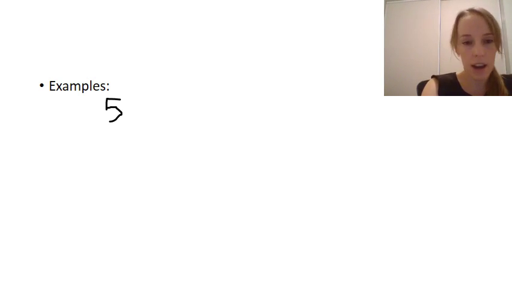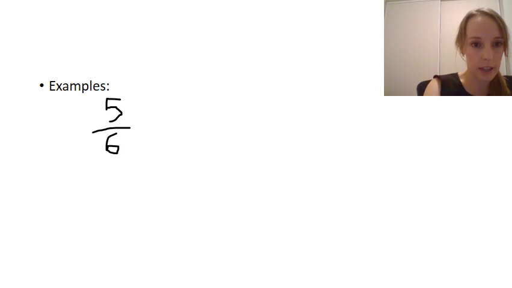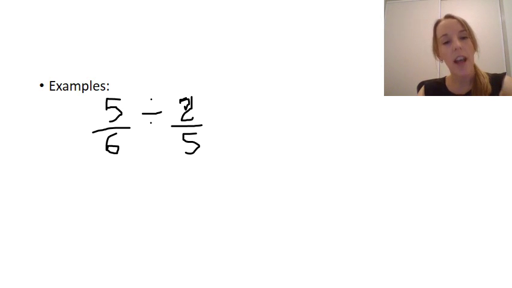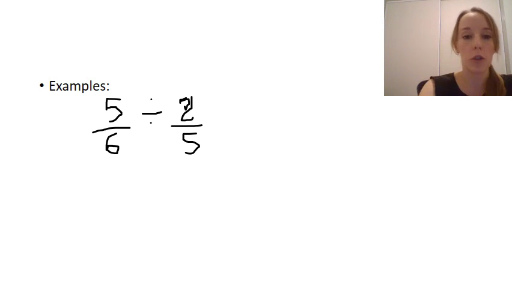Let's go 5 over 6 divided by 2/5. Sorry about that. So what we're going to do is turn our division sign into a multiplication and do the reciprocal of 2/5.